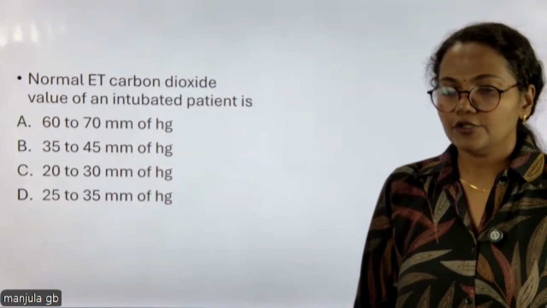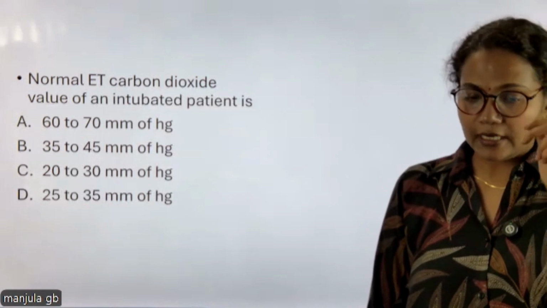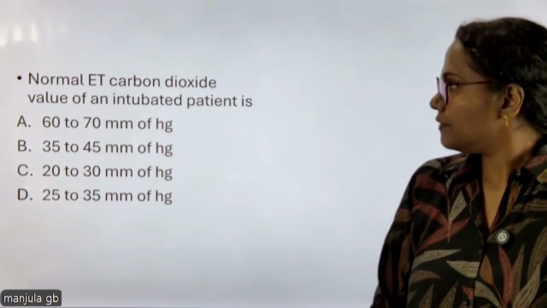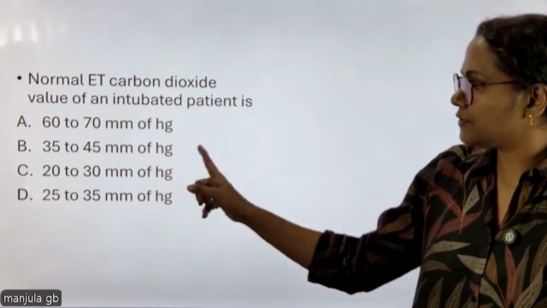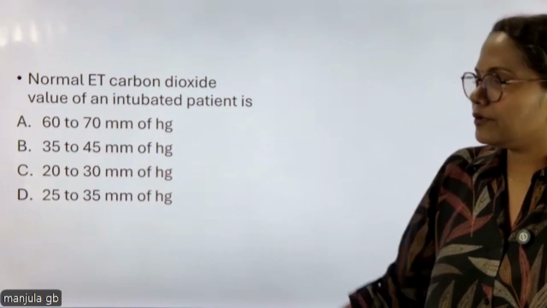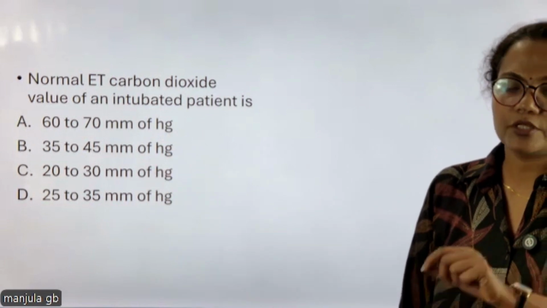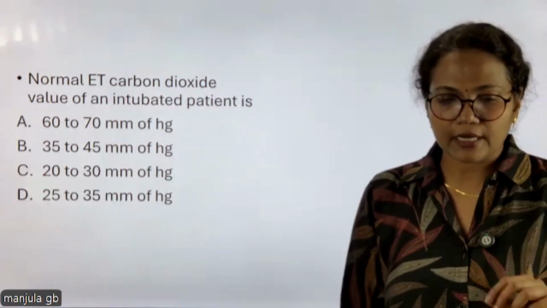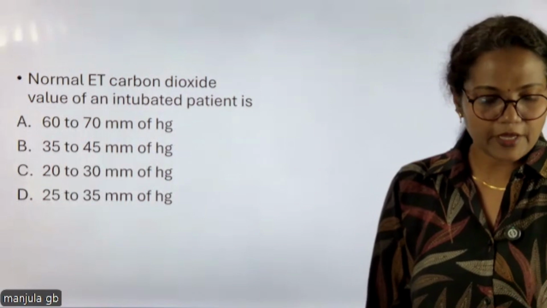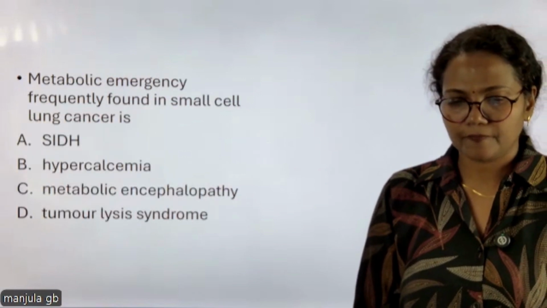Next question, normal endotracheal carbon dioxide value of an intubated patient is 60 to 70, 35 to 45, 20 to 30, 25 to 35. So he has an endotracheal tube, and in that the carbon dioxide value is 35 to 45 millimeters of mercury.